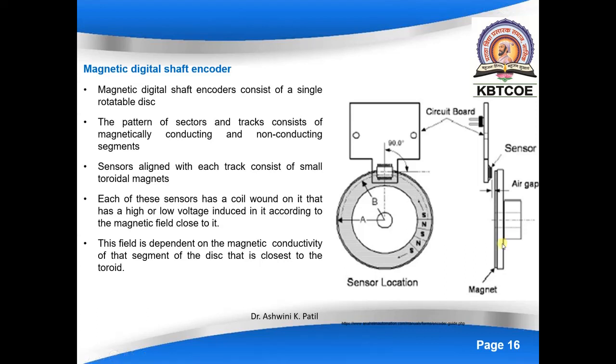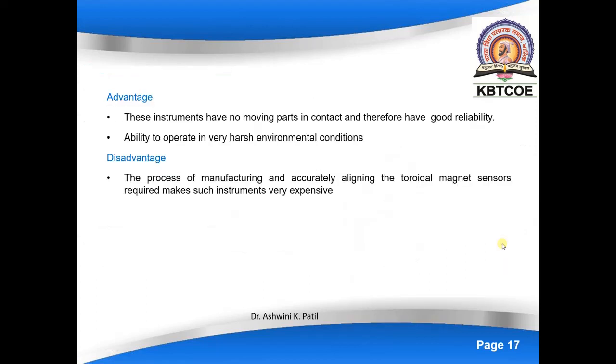Each of these sensors has a coil wound on it that has a high or low voltage induced in it according to the magnetic field close to it, and this field is dependent on the magnetic conductivity of that particular segment of the disc that is closest to the toroid.